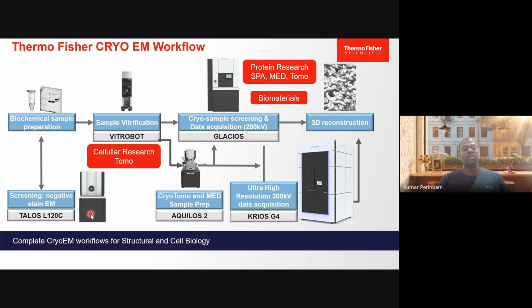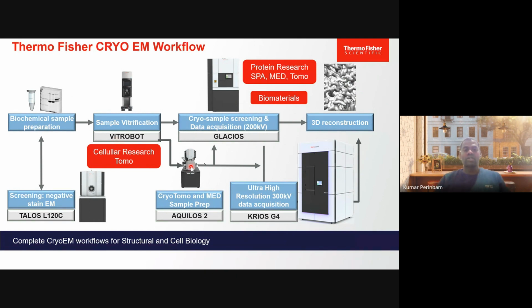You can go back and monitor how the particle distributions and how your samples are behaving. Later on, you can go through the Glacios, which is the higher end version, and then finally you can go into 300 kV to solve the structure. And nowadays 200 kV is as good as the earlier G3 version of 300 kV. Still you can get high resolution 3D constructed proteins.